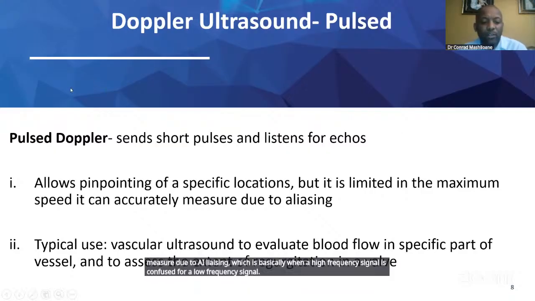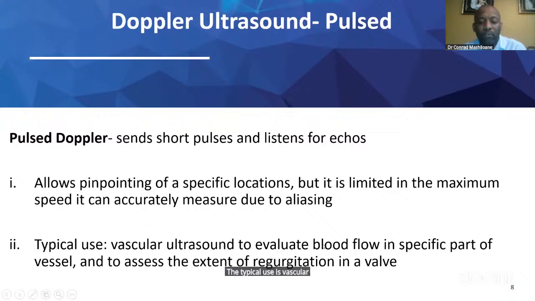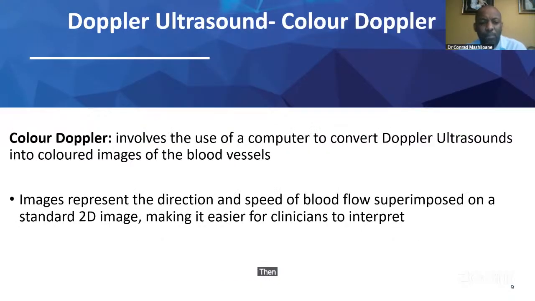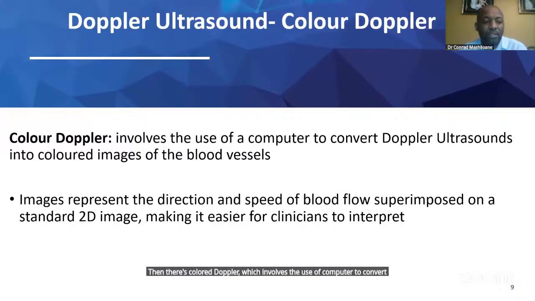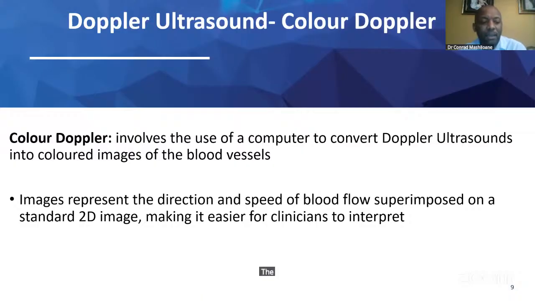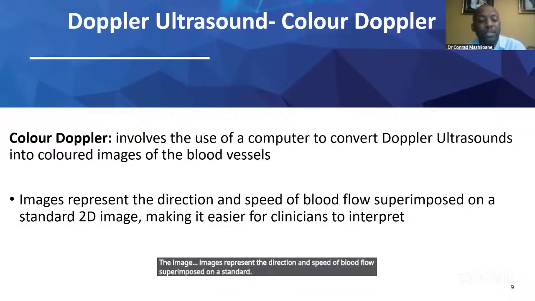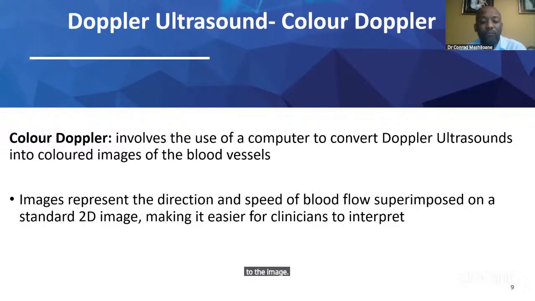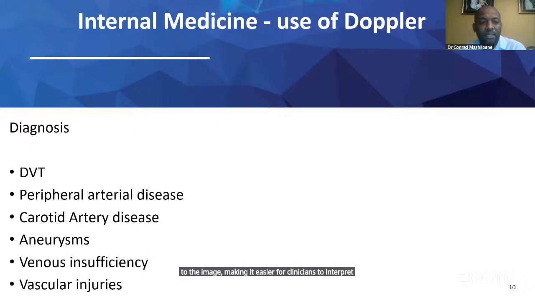The typical use is vascular ultrasound to evaluate blood flow in specific parts of a vessel and to assess the extent of regurgitation in a valve. Then there's color Doppler, which involves the use of a computer to convert the Doppler ultrasound into colored images of the blood vessels. The images represent the direction and speed of blood flow superimposed on a standard 2D image, making it easier for clinicians to interpret.